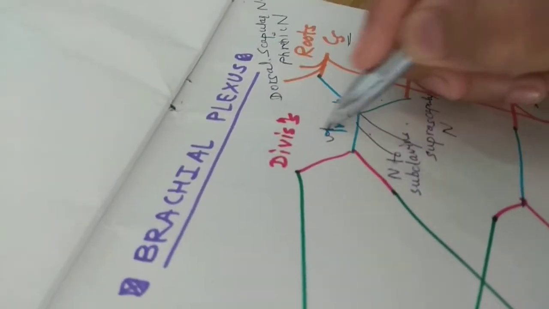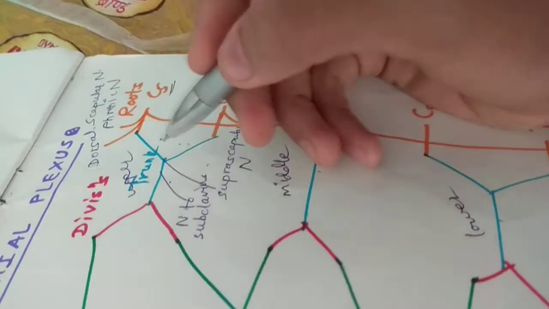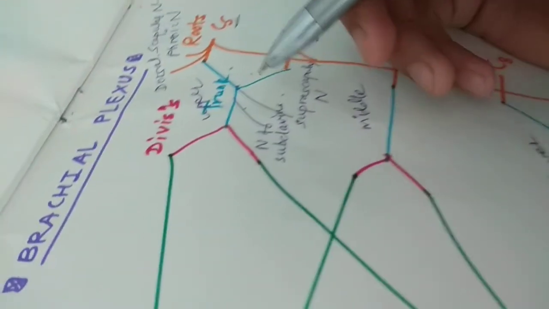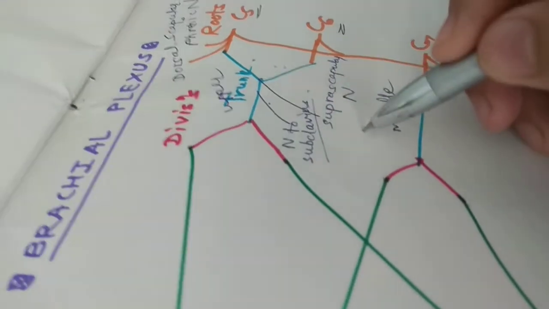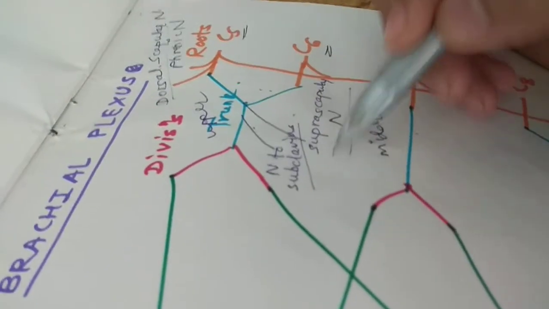And the only trunk which gives branches is the upper trunk, out of the upper, middle and lower trunks. The upper trunk gives the nerve to subclavius and suprascapular nerve. So you can remember these two, dorsal scapular and suprascapular.